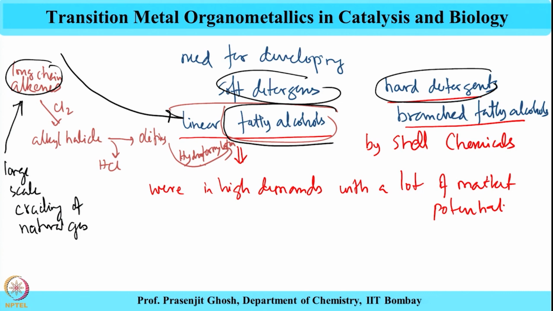So, there was a demand to go all the way from olefins to these detergents via the alkyl halide, then olefins, and then hydroformylations, and so on and so forth. At that point, Shell Chemical discovered the Shell higher olefin process.